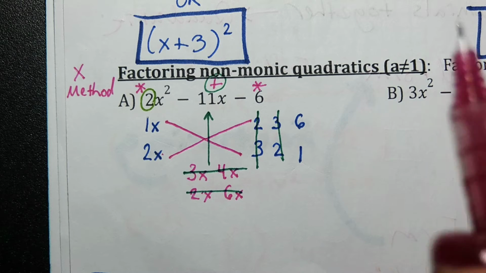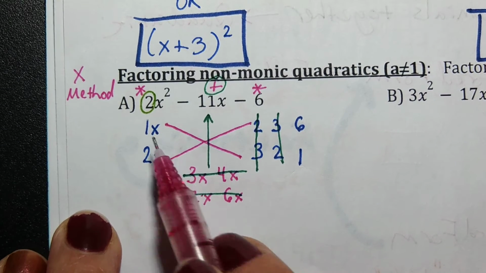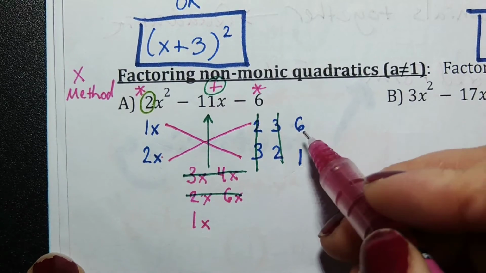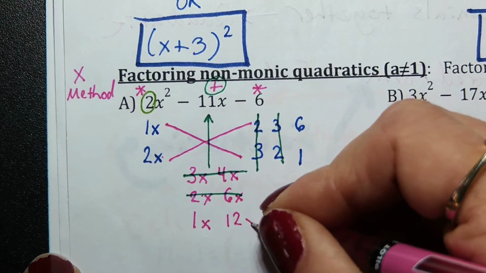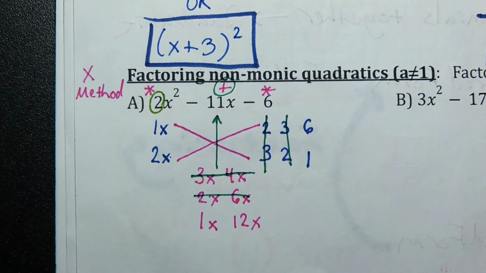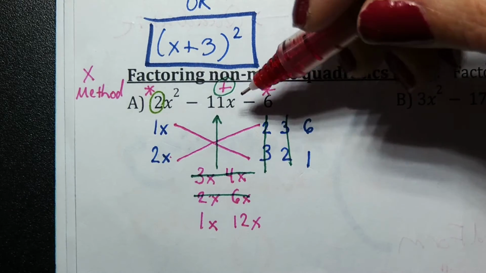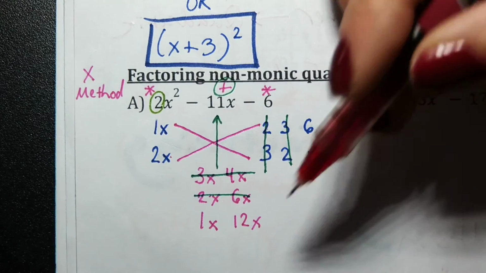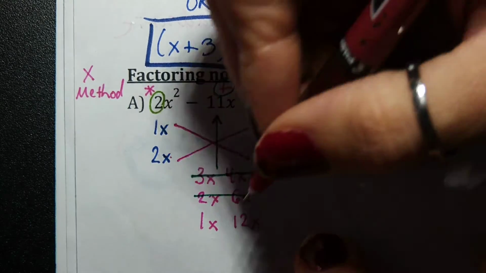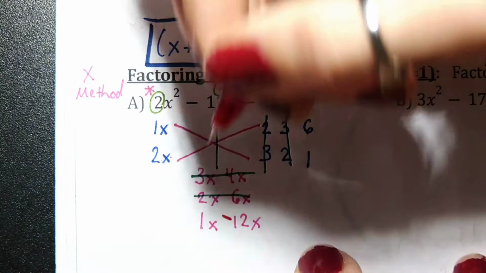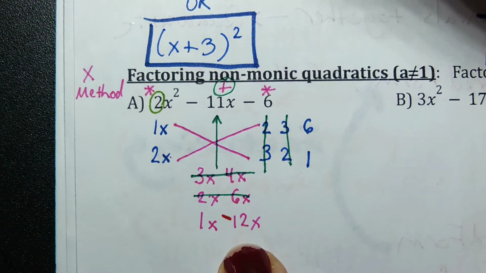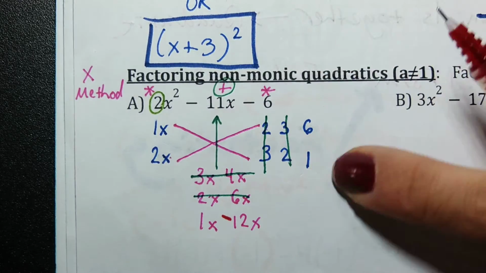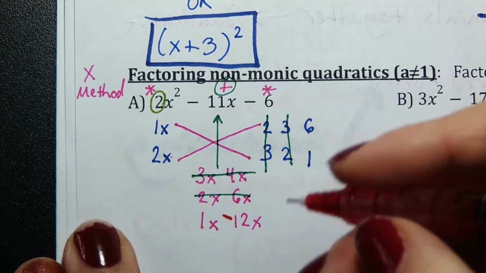So let's go ahead and multiply on the x. 1x times 1 is 1x. 2x times 6 is 12x. Now, if I need to get a sum of -11, who needs to be negative here? The 12x. So I'm going to put a negative here, and then we adjust the signs of the right numbers.